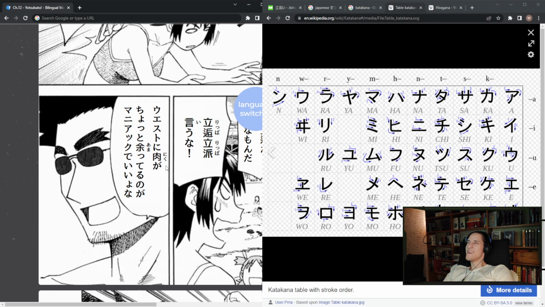Oh. Uesuto ni niku ga. This is big yo? No, that's small yo. Chotto. Amatte iru. No ga.